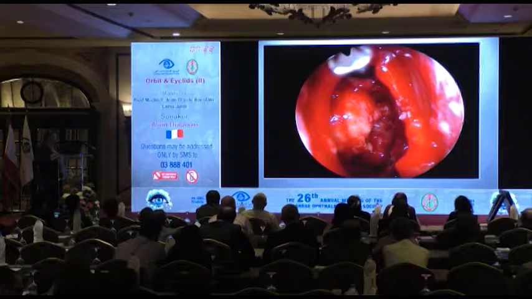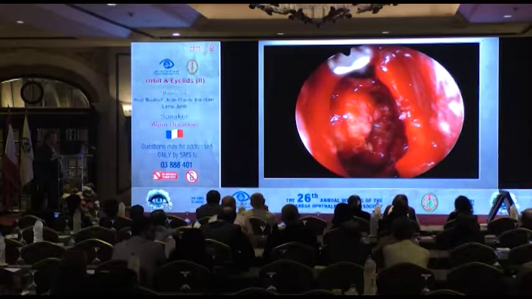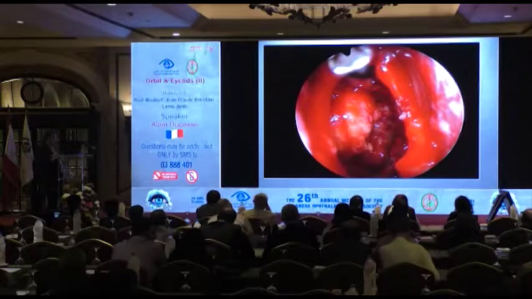At the end of the operation, there is no medial wall of the orbit, there is only fat in the nose.